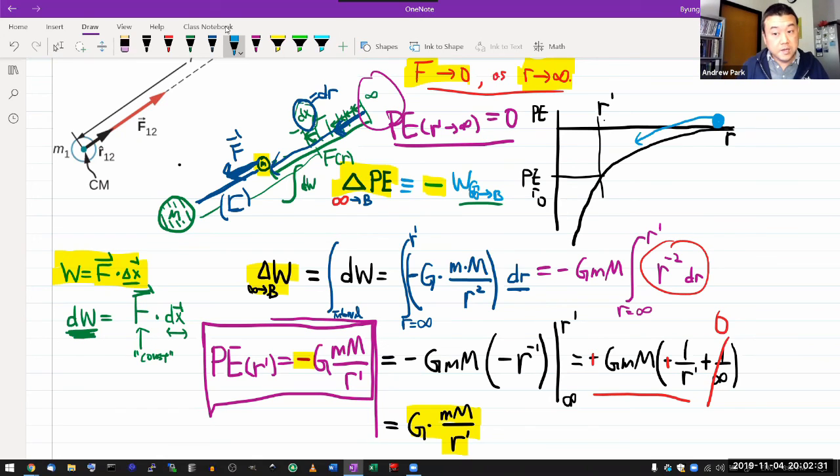And as it does that, its potential energy goes from 0, which is the highest amount of potential energy with this particular reference, down to a negative value, and it keeps going to more and more negative values as the object goes from high potential energy to low potential energy. So this is the derivation of the potential energy formula, and there will be some contexts where you'll need to be able to recall this formula.